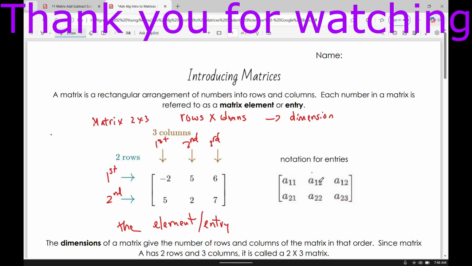Let's say this is matrix A, for example. If they ask, give me the element A11, this is going to be my -2 right here. A12 is going to be a 5, and this is going to be a 6. So you have an idea how to get an element from the matrix.